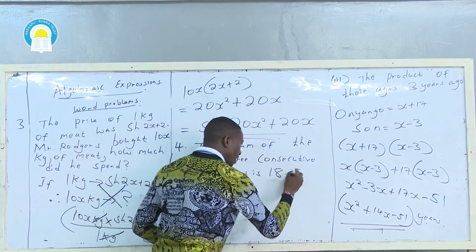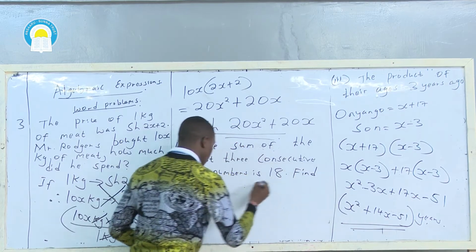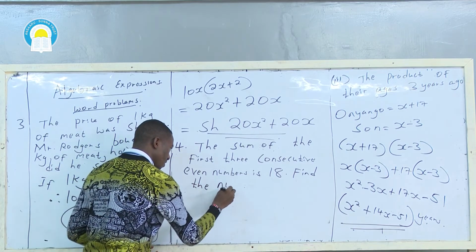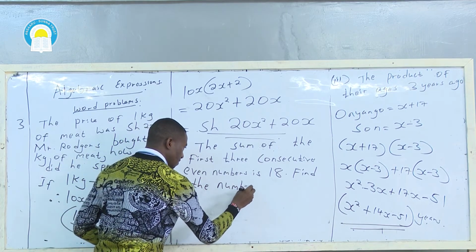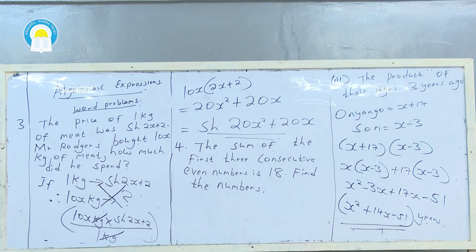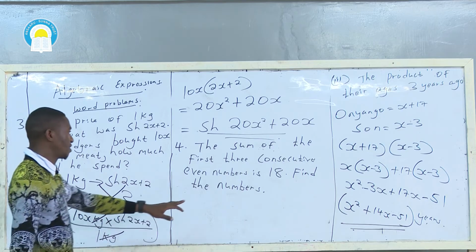Then the question is, find the numbers. The sum of the first 3 consecutive even numbers is 18. Find the numbers.